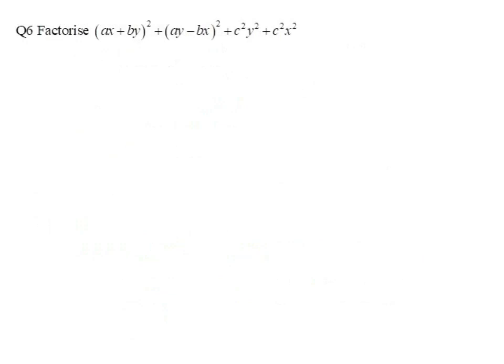Question 6. Factorize (ax + by)² + (ay − bx)² + c²y² + c²x². First, there is no common factor among all the terms, and there's no way to directly apply any formula to factorize this expression. However, after careful observation, we find the middle terms of the two perfect squares cancel each other out after being expanded.